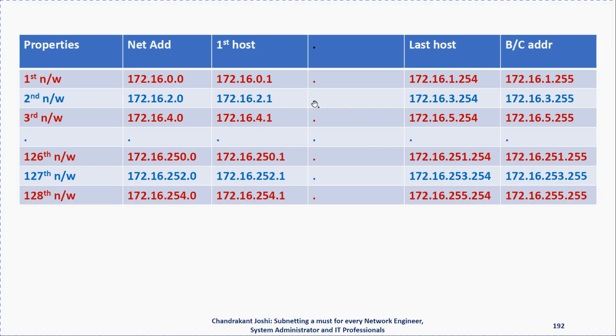So sometimes you are asked a question, 172.16.0.255, is it a valid host, or is it a broadcast, or is it a network, or what? So we have to find the particular subnet.